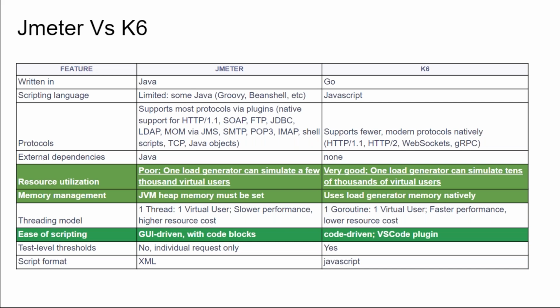But 100% K6 is going to be compatible with the pipeline, since K6 provides a command line option where you can execute the test directly from the command line. So obviously, from Jenkins or any build tool, you will be able to execute a script in a pipeline.